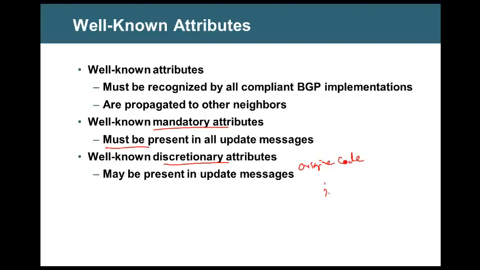There may be a question mark also. If I is there, decide on that. If I is not there, decide on the other option. So it's not mandated that I always needs to be there. If it is there, I take this decision. If it's not there, I take the other decision. So it may be present in the update.